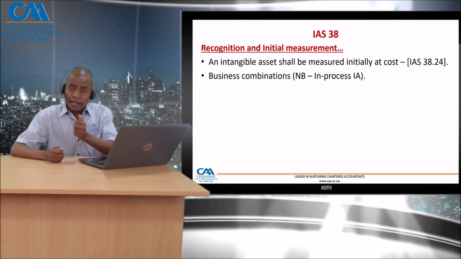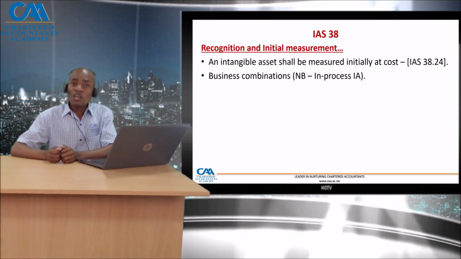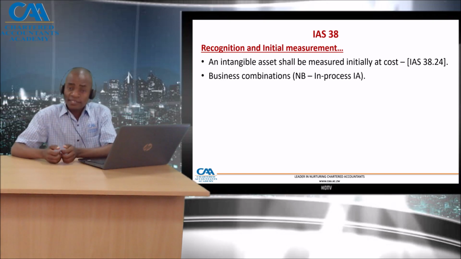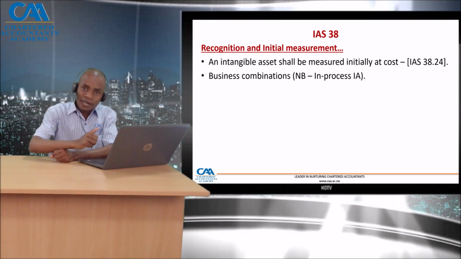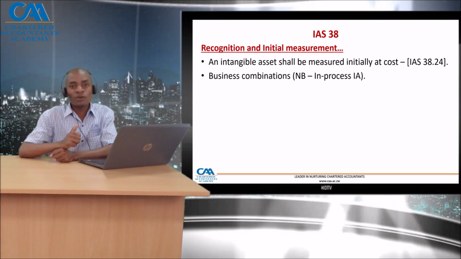In IFRS 10, the assets acquired as well as the liabilities assumed are measured at fair value. So the take-home point here is that for the intangible asset that arises as a result of a business combination, the cost is measured at fair value.